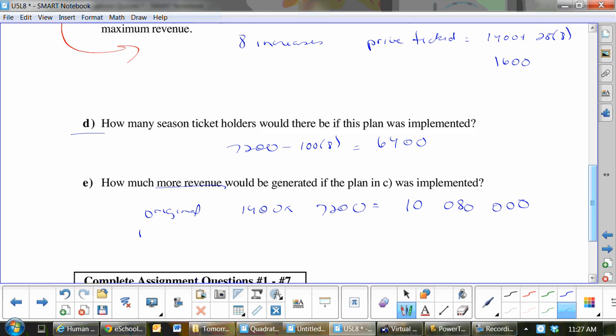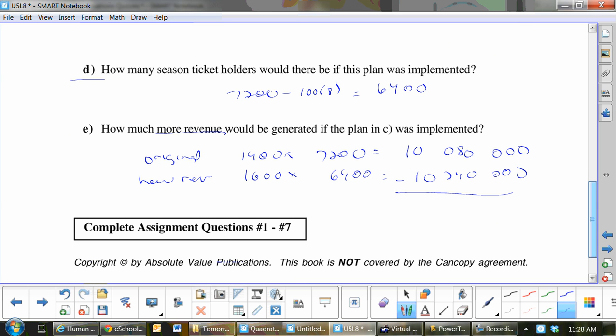But his new revenue would be 1,600 times 6,400, which is 10,240,000. So we would subtract the two, obviously, and the new revenue would be $160,000.